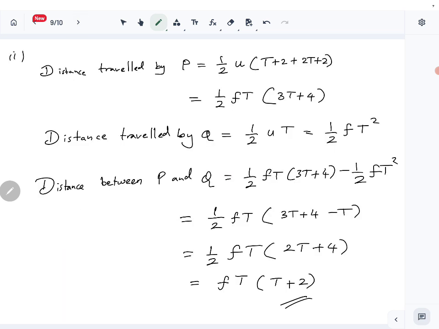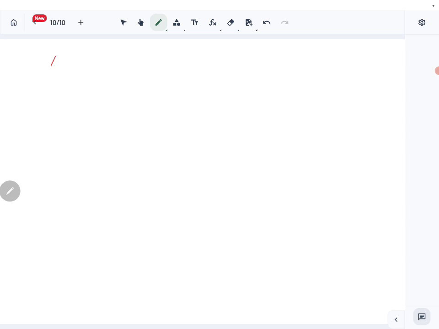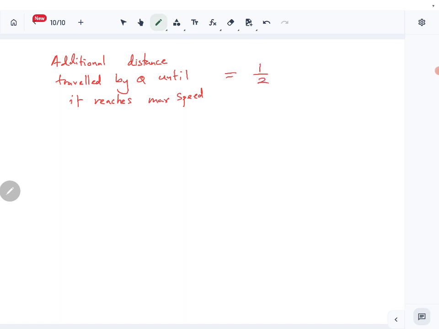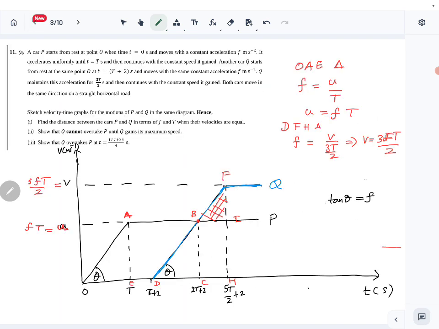So that additional distance traveled by Q until it reaches max speed is what? Half base is T over 2.